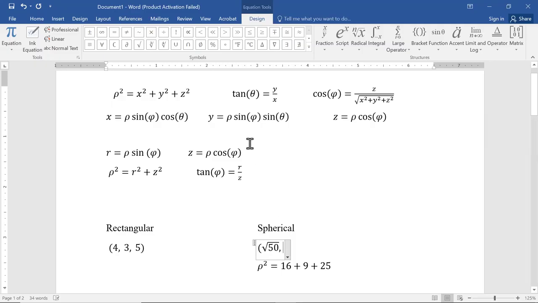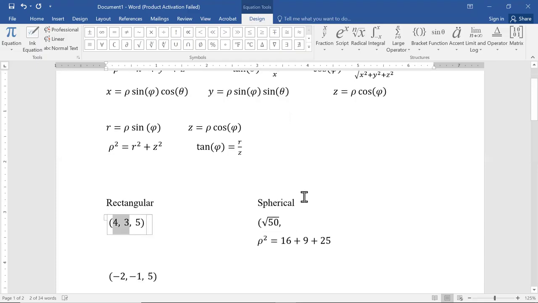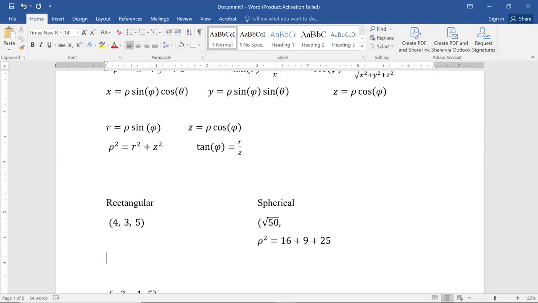When I want to find theta, once again, I realize that theta is in the XY plane. Where should it be in terms of quadrants in the XY plane? Well, it should be in the first quadrant, so I can just take the inverse tangent.